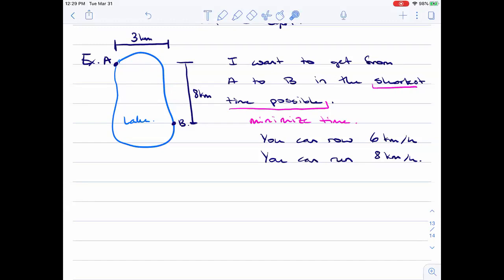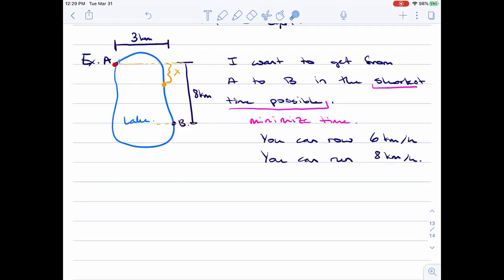So what we're going to do is identify some variables that we can work with. This distance is 8 kilometers. If we put a hypothetical stopping point here, just to explore that option of rowing for a little bit to cut down the amount of time that I have to run, but also making use of the fact that I'm a faster runner, right?